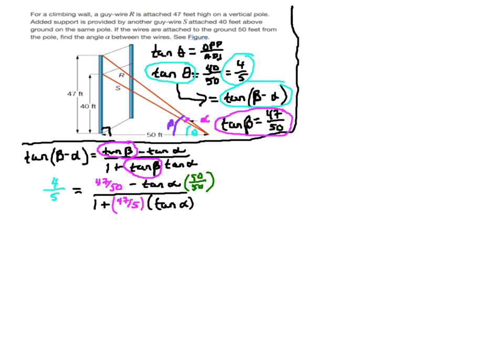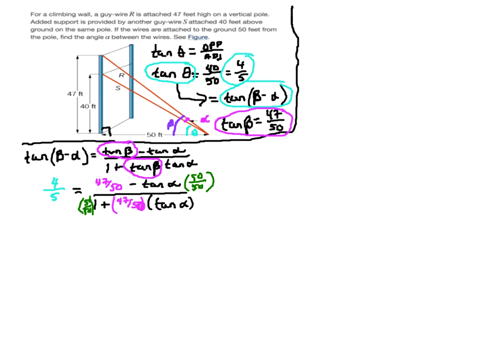And this fraction in the denominator is 47 tangent theta over 50. I just didn't write the 0. Sorry. So I need to multiply that 1 by 50/50 so that I can combine those as well.